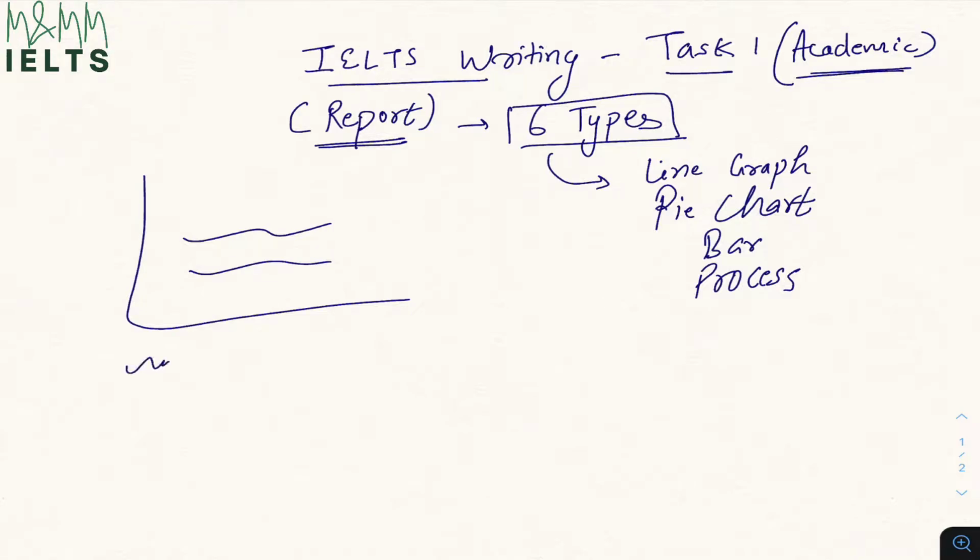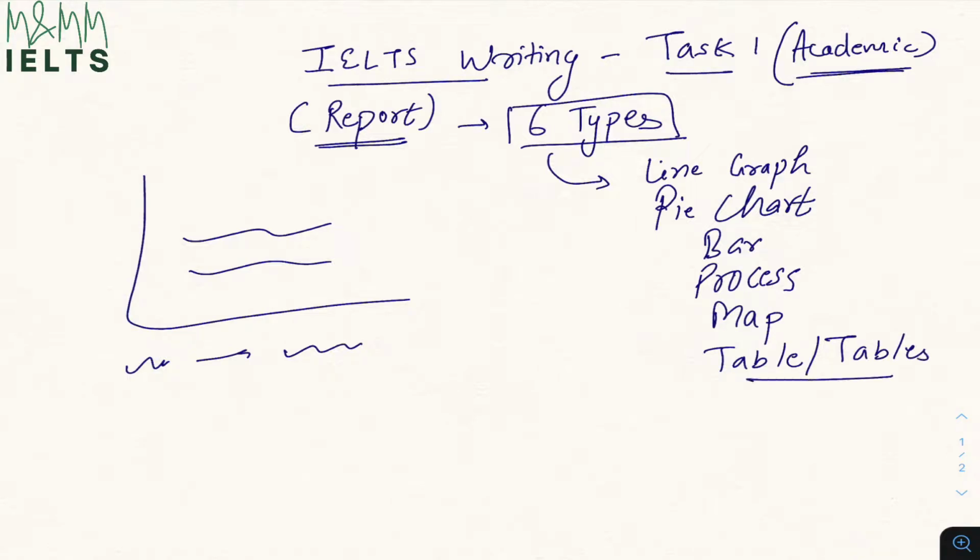They may be explaining something happened, then another step something happened. So a process could be there. A map could be there of something, and a table or number of tables could be there as well. But it doesn't matter what sort of type that we get. Our job is to just analyze that and then type or write a report based on that particular question type.